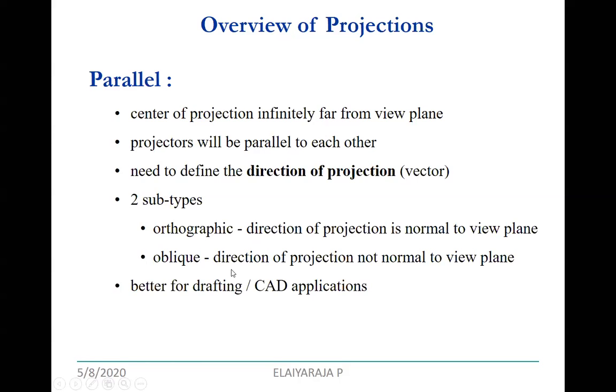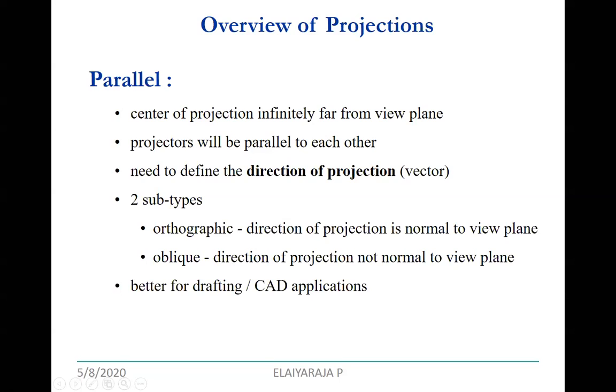In that, the direction of projection is not normal to the viewing plane, which means it may not be perpendicular to the viewing plane. So in parallel projection, we see the direction of projection on the viewing plane. The example for parallel is drafting as well as CAD applications.